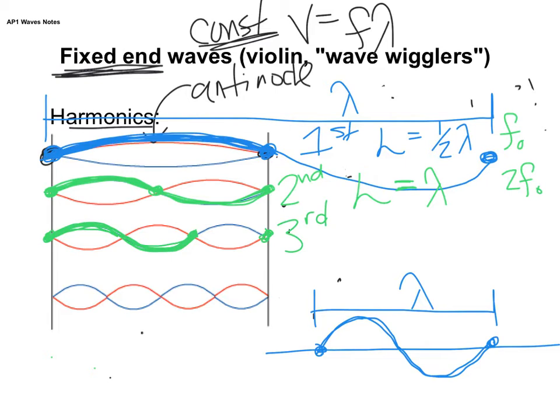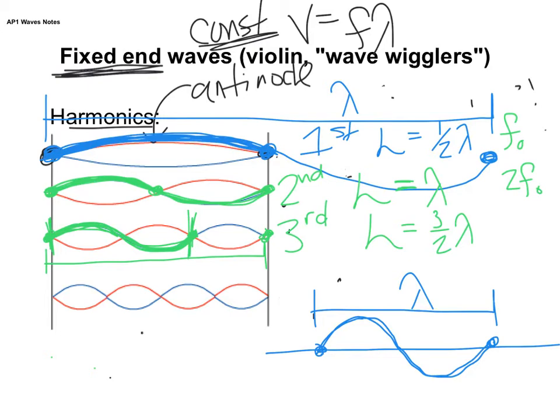So if I were to think about the entire length of the string, the length of the string is actually 3/2 of a wavelength. Because this is one wavelength, and I need to tack another little bit on the end, another half of a wave. So there's actually a couple different ways I can write this.